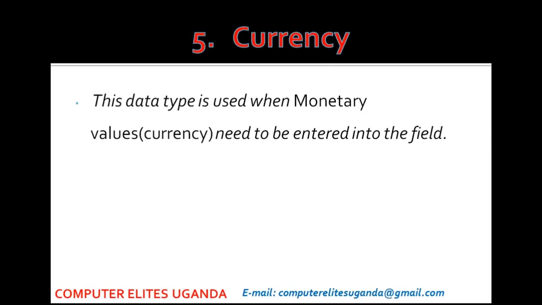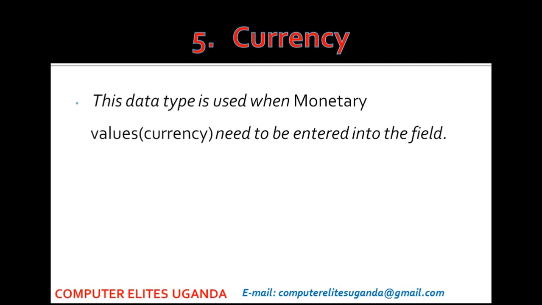Then the next data type is currency. This data type is used when you're dealing with monetary values or currencies that need to be entered into the database table. So whenever you're dealing with currencies that will have even currency symbols, we always base on currency as a data type. Contrary to currency, numbers have no monetary values, which means you will not include currency symbols on them.